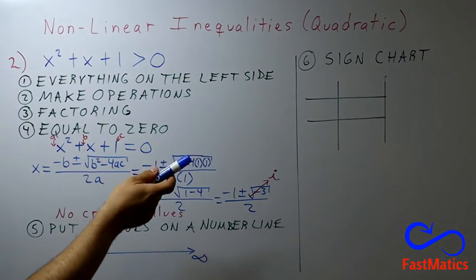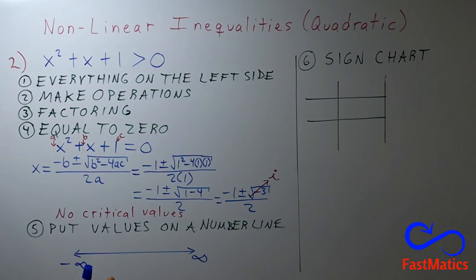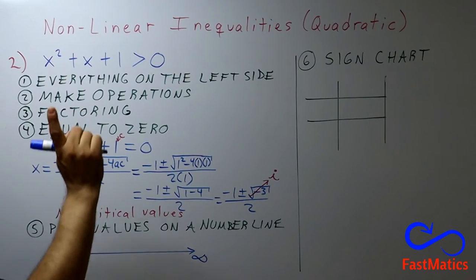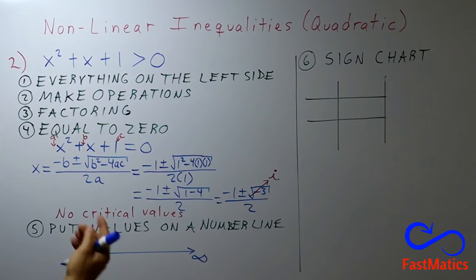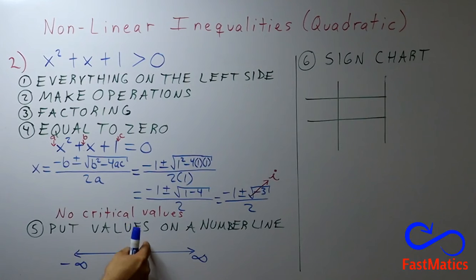So next step, you put the numbers that are on the number line here. If you had a number here, another number there, you should put from negative infinite to this number, from this number to the other number, from the other number to infinite.